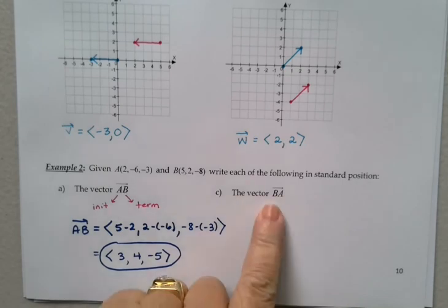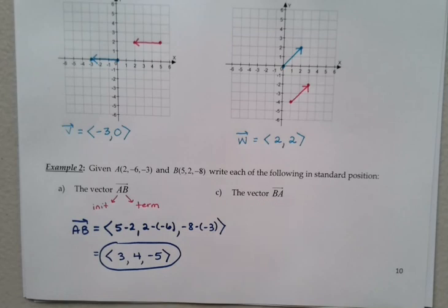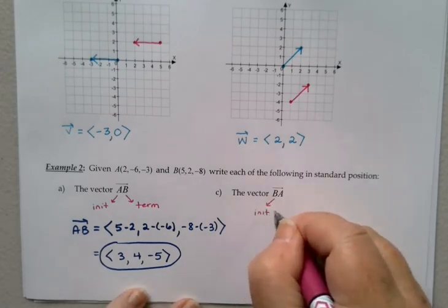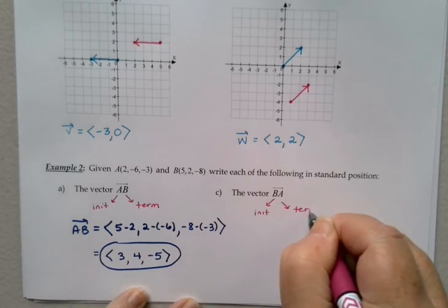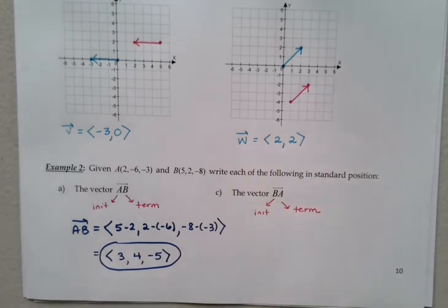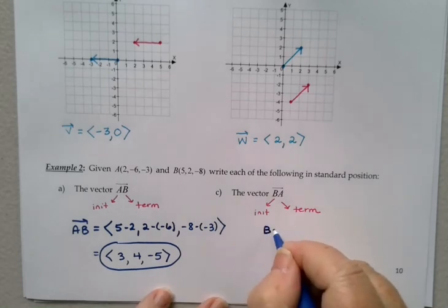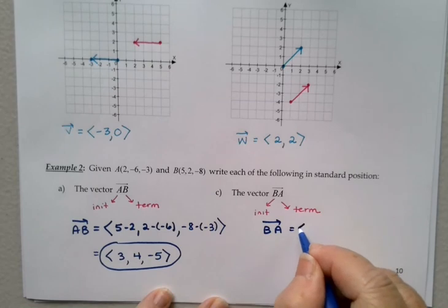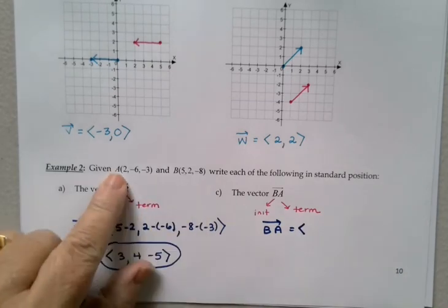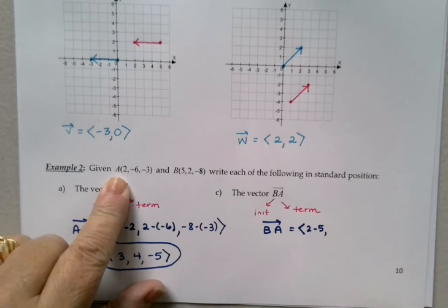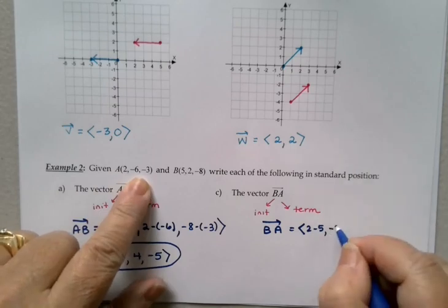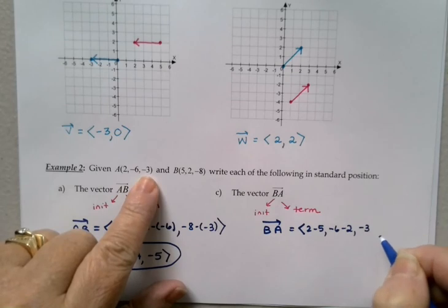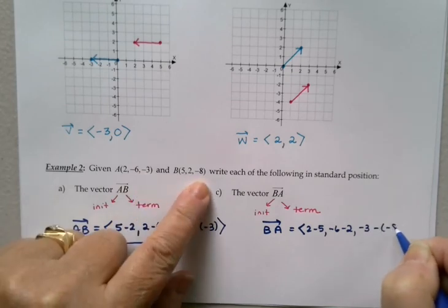All right, I've also asked for the vector BA. This time B is my initial position. A is my terminal position. So to do the vector BA, I have to take A subtract B. So A subtract B, 2 minus 5, negative 6 minus 2, negative 3 minus negative 8.